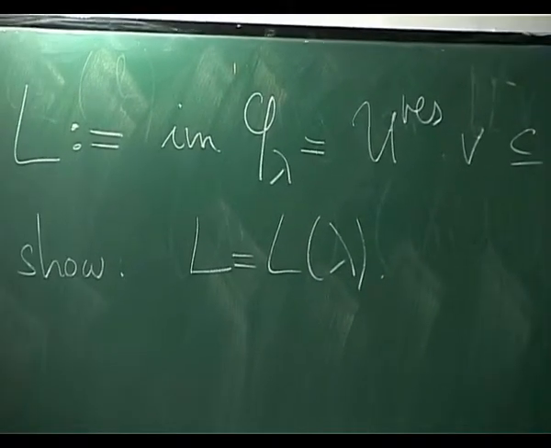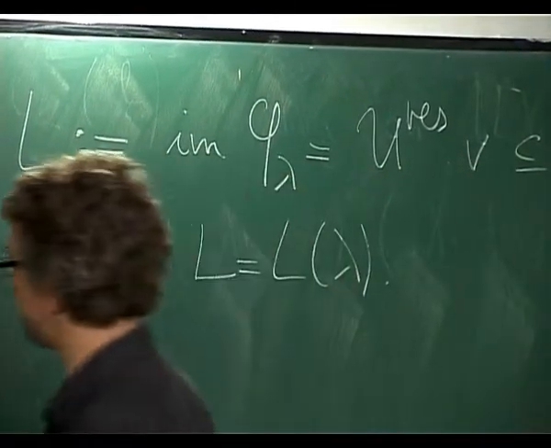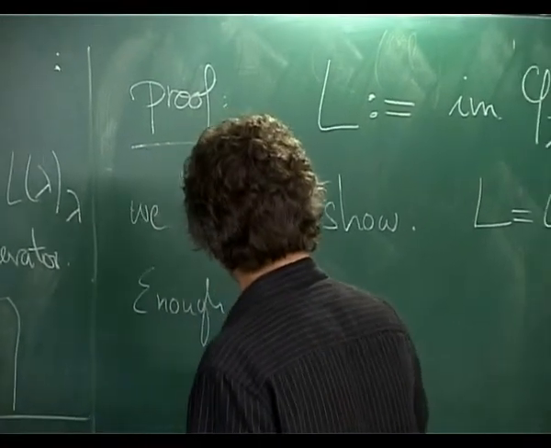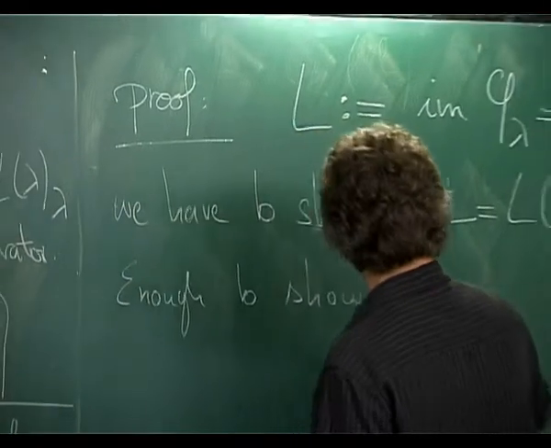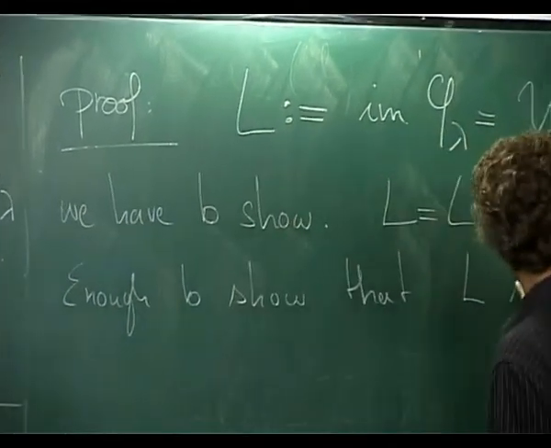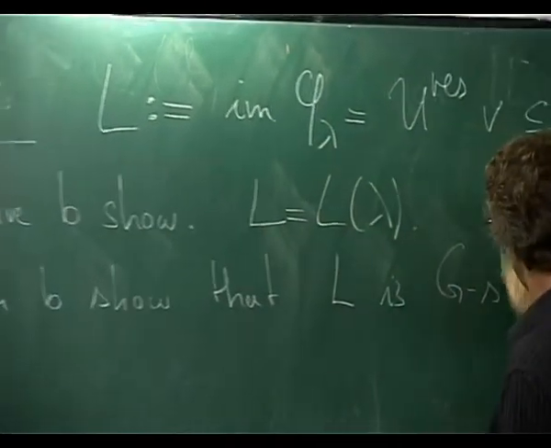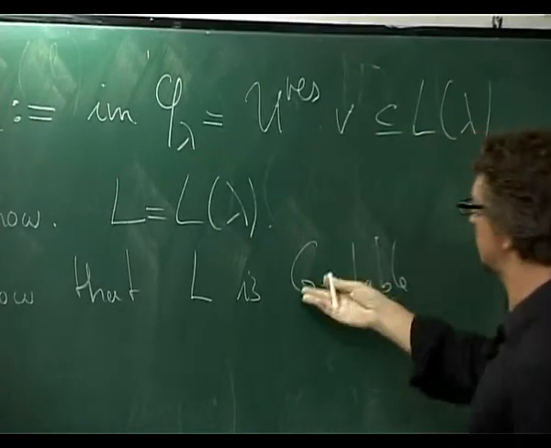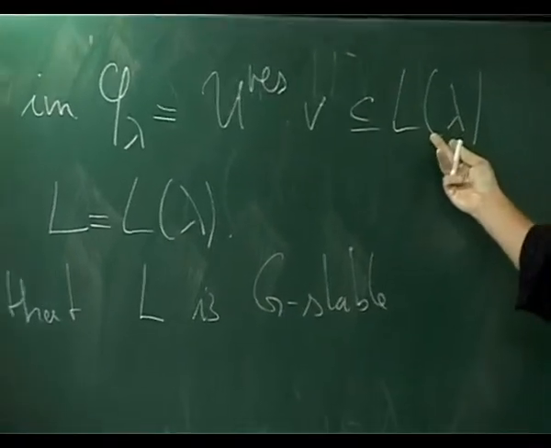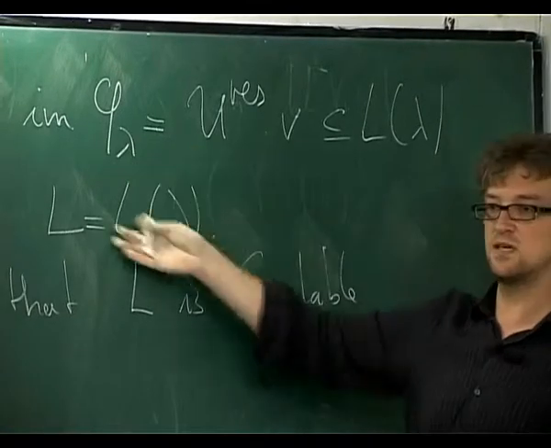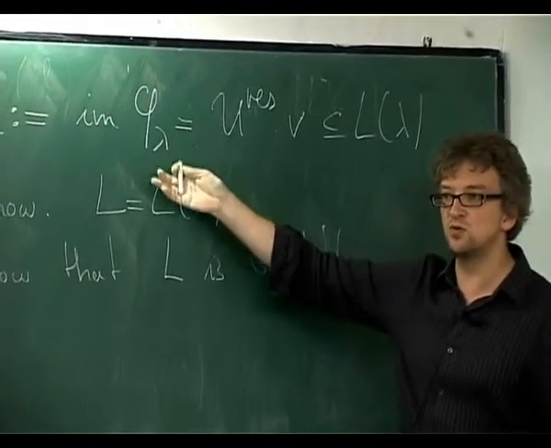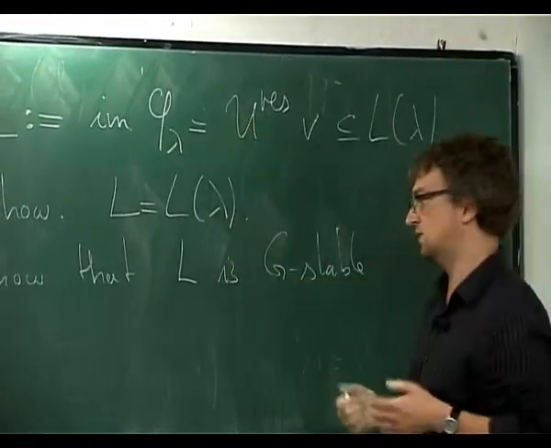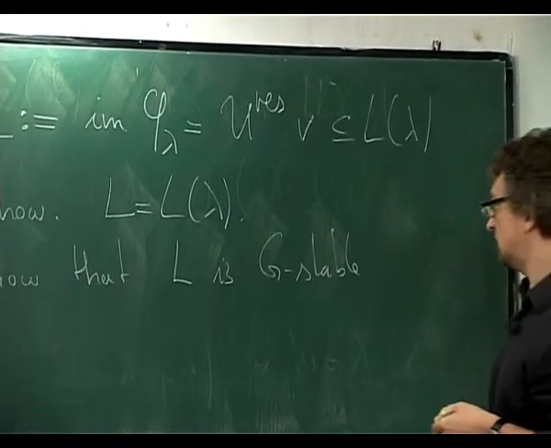So it is enough to show that L is G stable. Right? So we still have the group acting on L lambda. And if L is G stable, it's a G submodule for the group, so it must be everything because L lambda is simple. So it's enough to show that L is G stable.